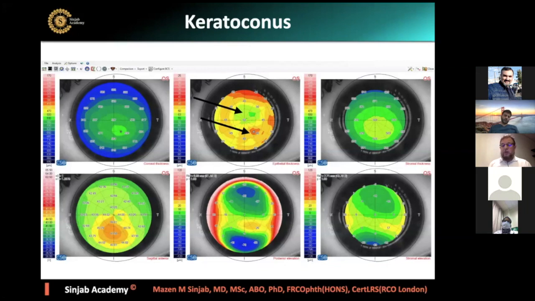This is very specific to keratoconus, where the thinning corresponds to the bulging on the posterior elevation, and it corresponds as well to the hotspot. We can see it on the sagittal curvature map.